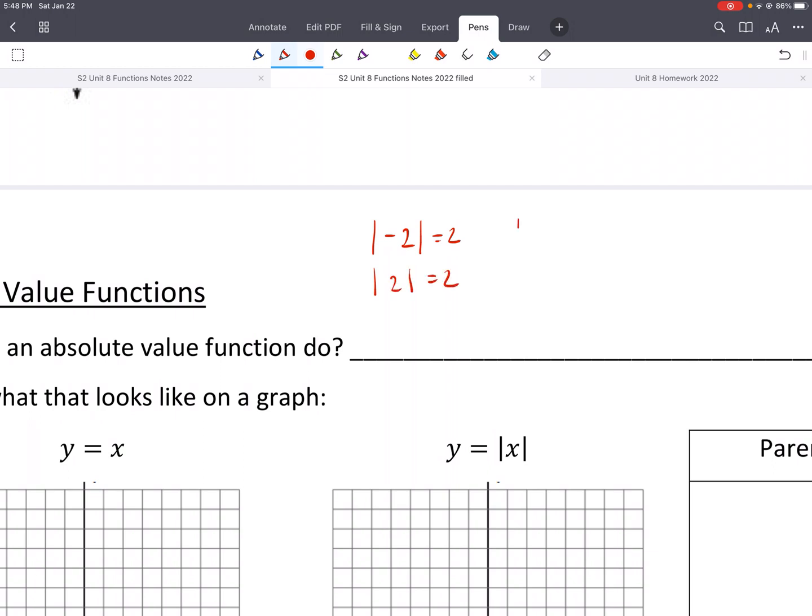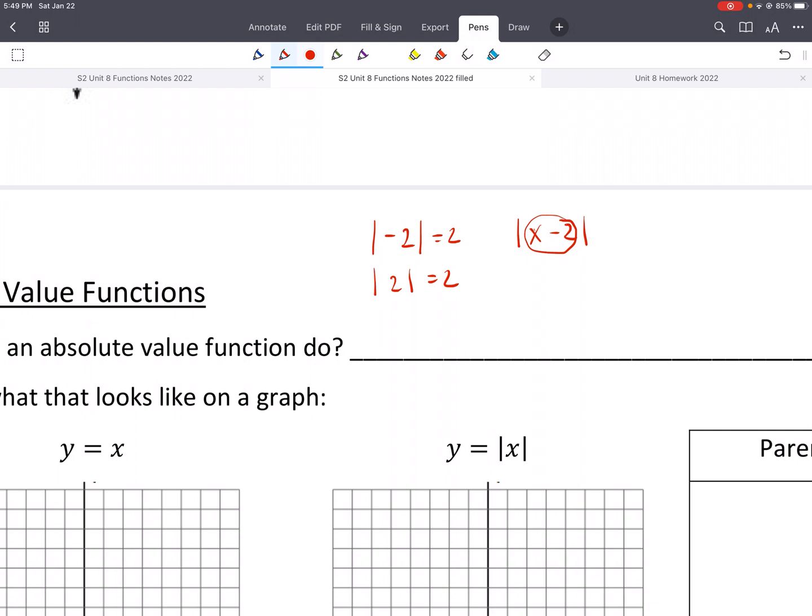Okay, one thing you should be aware of, if you have an equation like x minus 2, okay? This doesn't magically make that become a positive 2, okay? It stays as a negative until you evaluate what's inside that absolute value, and then you evaluate that absolute value.